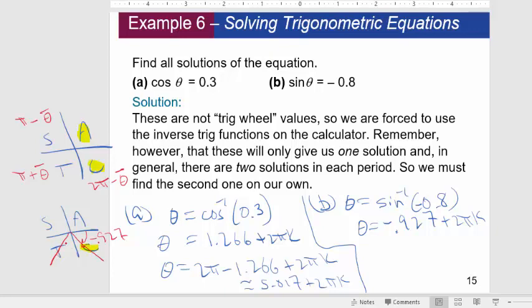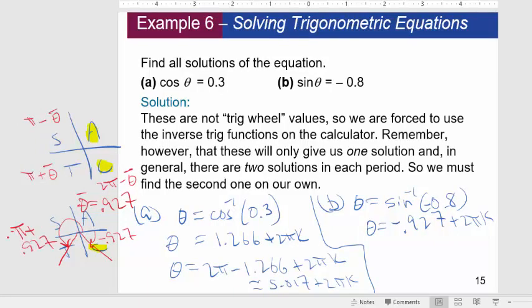So we realize that if the solution was negative 0.927, that means that the reference angle, theta hat, is positive 0.927. And then we can just use our rule that this angle in the third quadrant is going to end up being pi plus 0.927. So our other solution in this case is pi plus 0.927 plus 2 pi k.